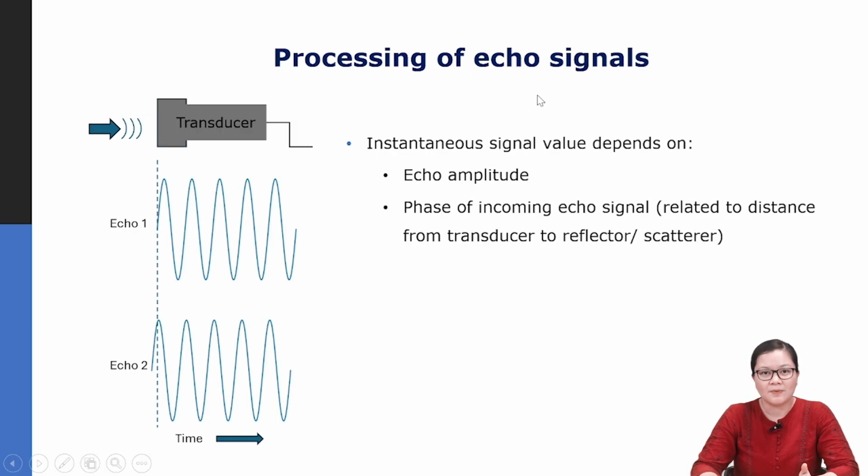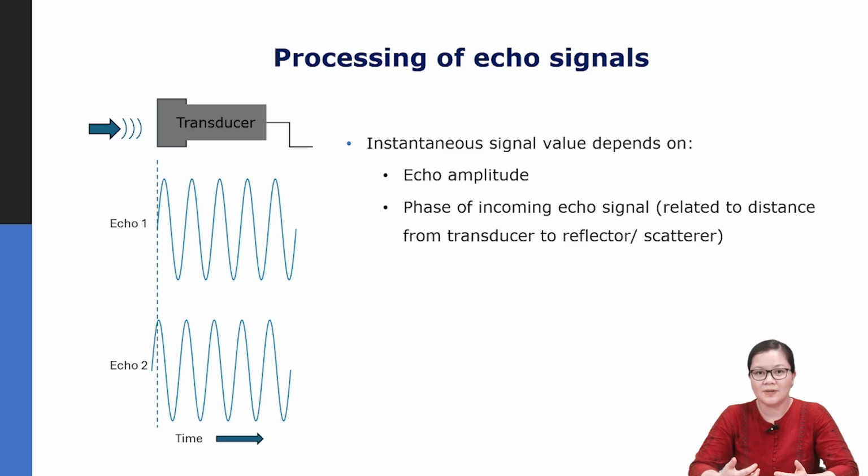When we talk about processing of the echo signals for Doppler, here's a schematic of your echoes coming into the transducer. For instance, here you have an echo signal from a particular reflector, and then a second echo signal that is shifted in time, as you can see here. So in this case, the signals are phase shifted.